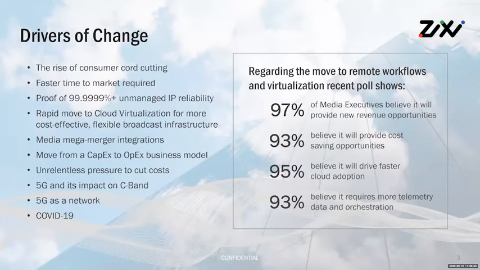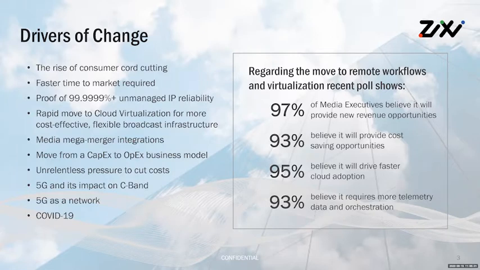And what's driving the usage of IP, which is the main component of moving live and live linear across diverse environments, what's driving that move to IP is a lot of different things coming together all at the same time.